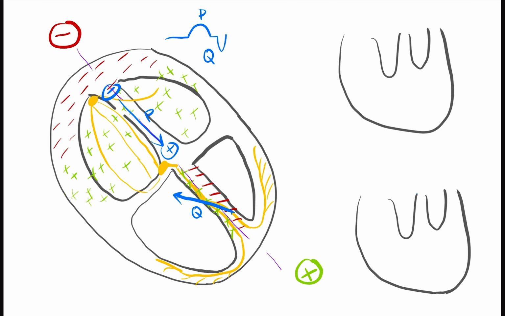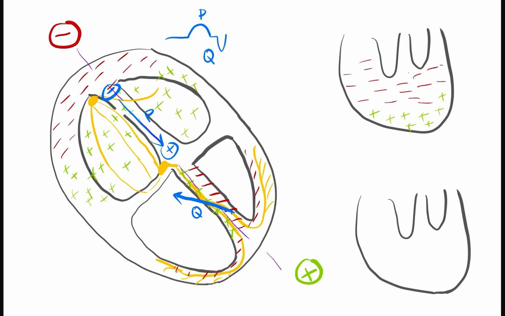Now we need to depolarize more of the ventricles. So how is that going to look? Well, we are going to start depolarizing this part of the heart. You know what? I'm just gonna draw it here in a separate picture so we can see it better, because it's going to be a little bit more complex.